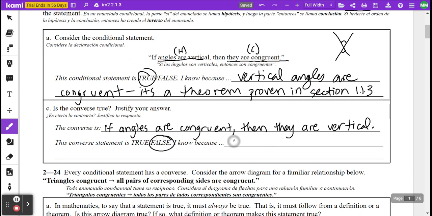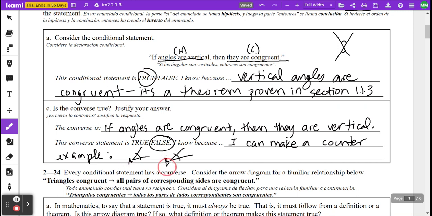I know because I can make a counterexample. Here's one. Check out this angle. I'm calling it congruent to this angle. They're not vertical.